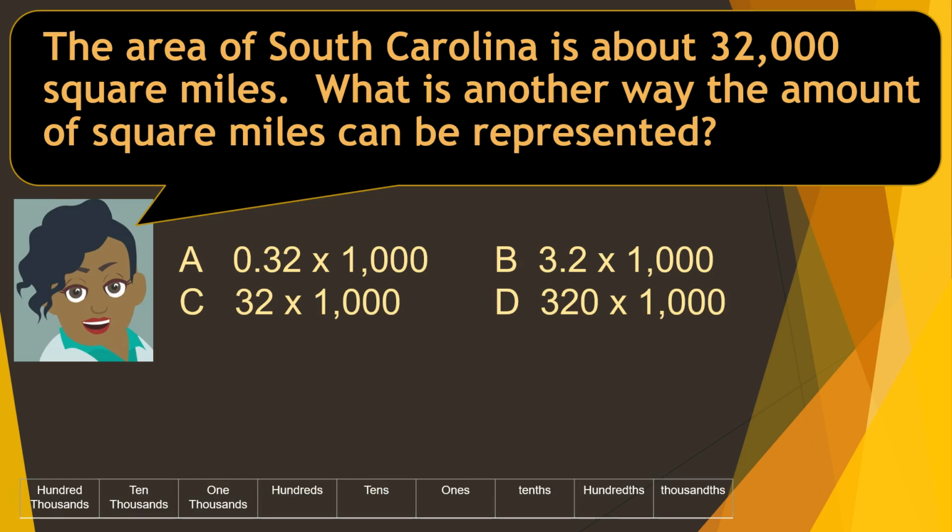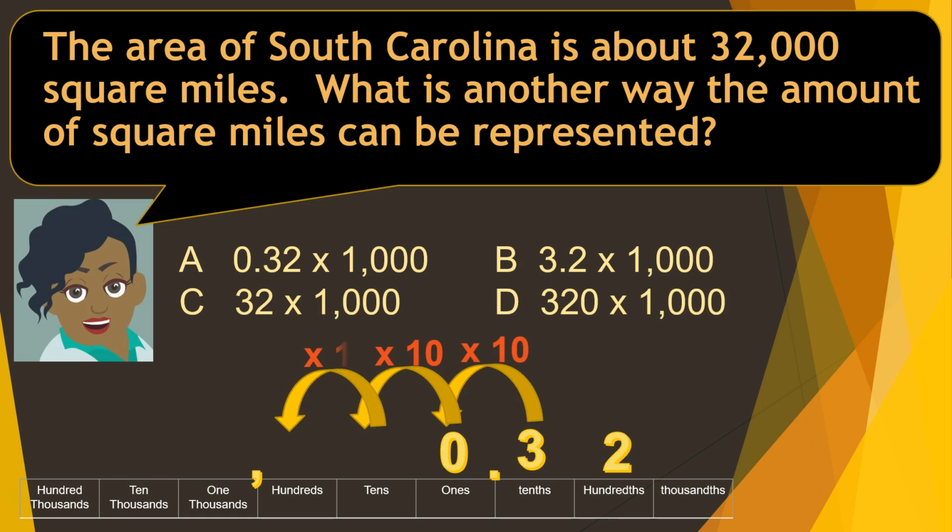So let's try answer choice A and move 32/100ths 3 places to the left. So answer choice A is 320 square miles. That is not the area of South Carolina. So we can eliminate answer choice A.